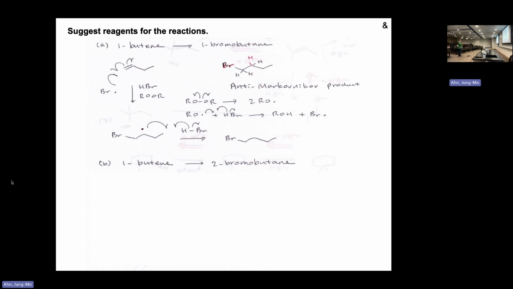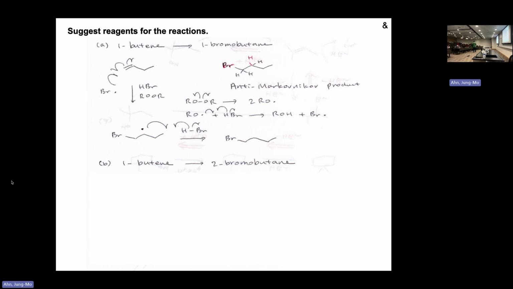So HBr with peroxide creates a bromine radical. The bromine radical is going to be added to the double bond, or the double bond is going to capture the bromine radical. But when they do it, they're going to make the radical go to the more substituted side, right?